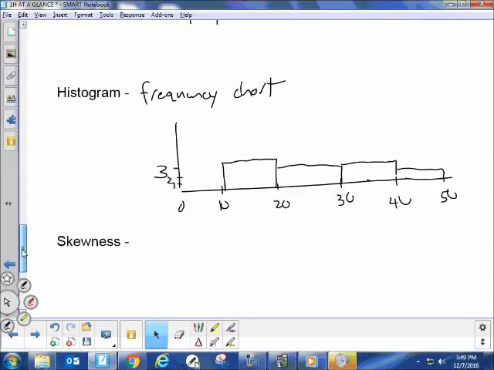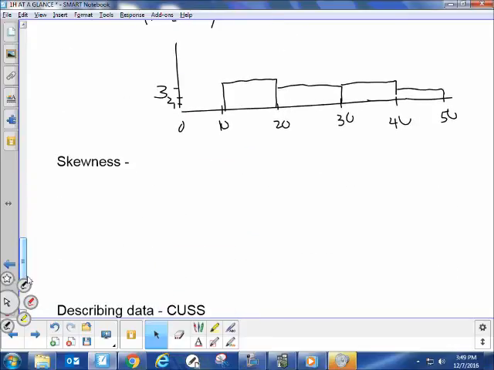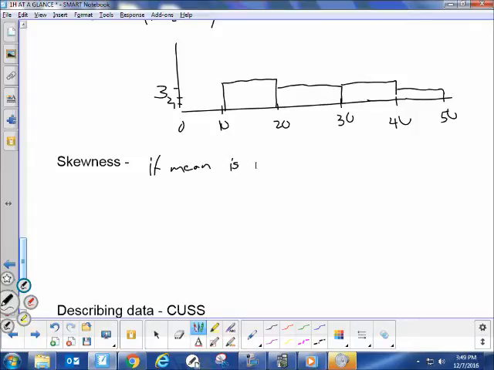Now, from looking at histograms or stem plots and from box plots, you can talk about the skewness. The skewness is if the mean is getting pulled in a direction compared to the median.